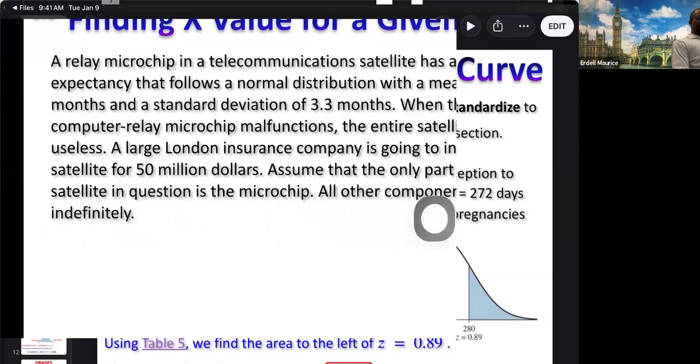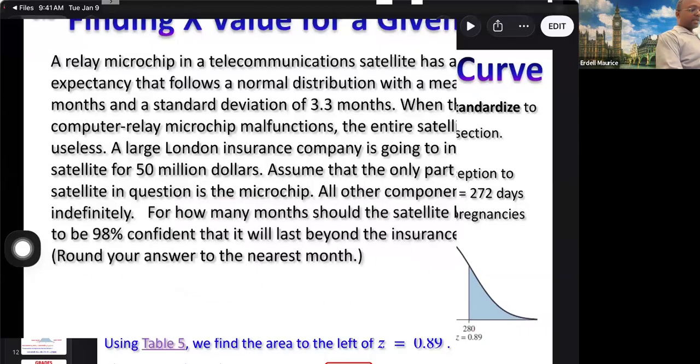Assume that the only part for the satellite in question is the microchip. All other components will work indefinitely. For how many months should the satellite be insured to be 98% confident that it will last beyond the insurance date? I'm going to let you try this one.